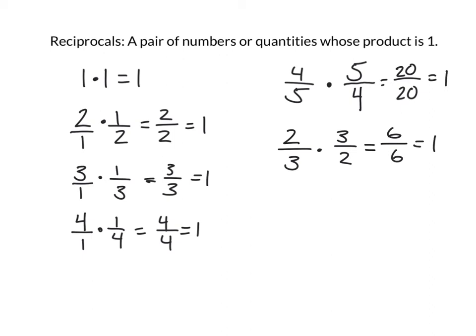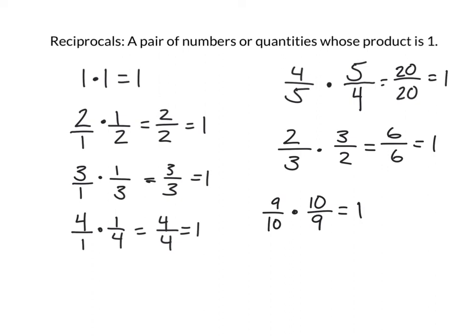So to find a reciprocal of a number, we are essentially switching the numerator and the denominator. And so the reciprocal of 9/10 is 10 over 9, which equals 1. So 9/10, the reciprocal is 10/9. If we have 11/12, the reciprocal is 12/11.